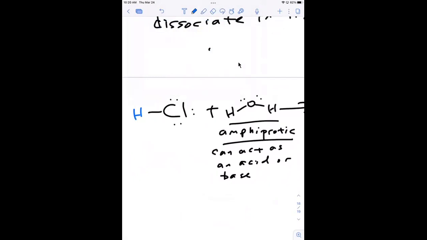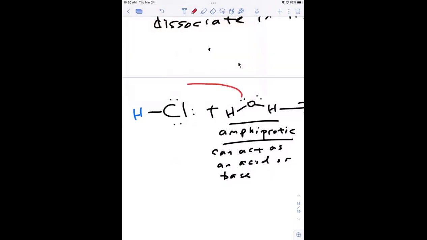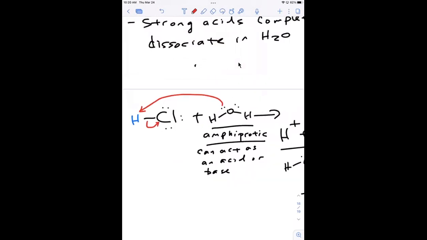So the water is going to use this pair of electrons here to grab that hydrogen. It's going to attack it. And then the pair of electrons in the bond between hydrogen and chlorine, because every bond is made up of 2 electrons, those go back to the chlorine.